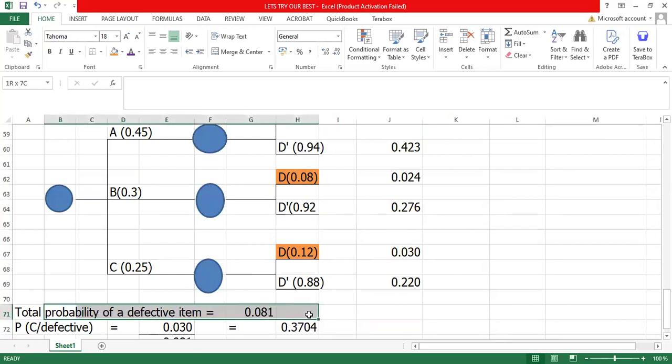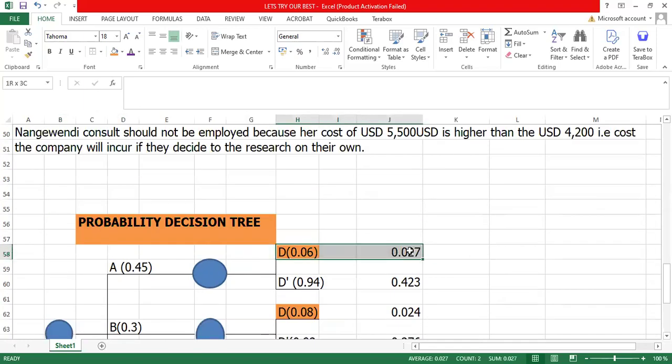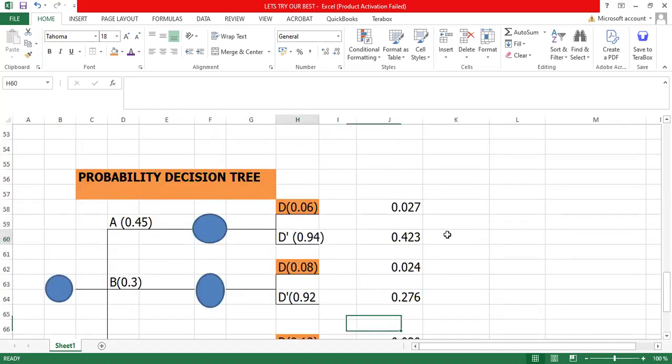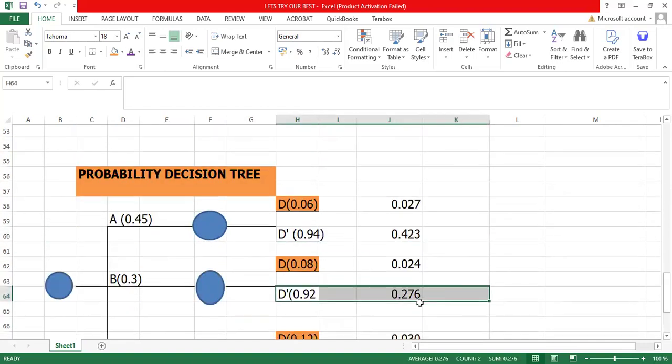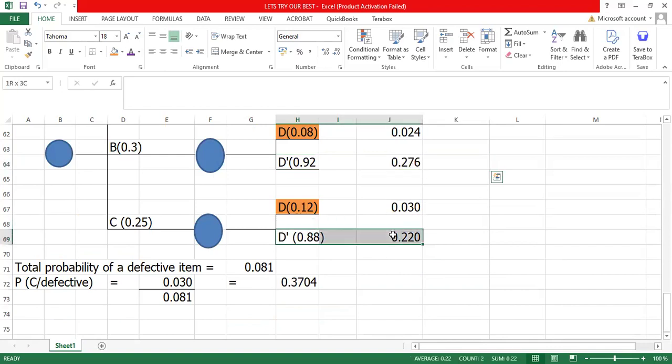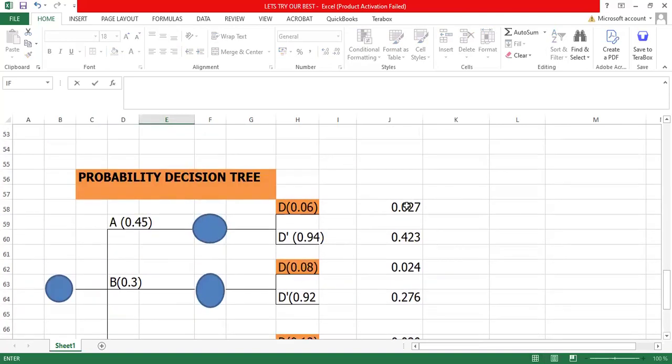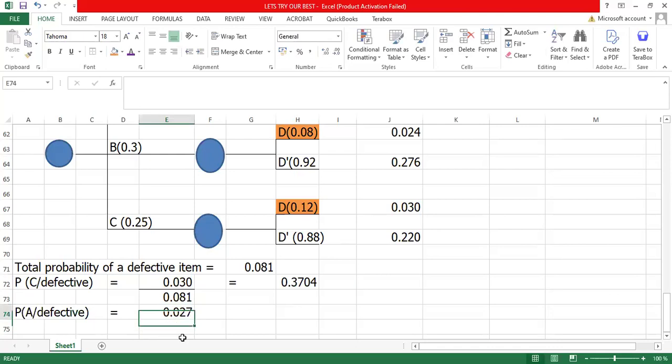How are you getting this? We are adding the defective ones. If the question was talking about a not defective item, then you focus on where you have not defective, here. If it was the probability of A given defective, then you pick where you have a defective here, but you're picking this from defective.